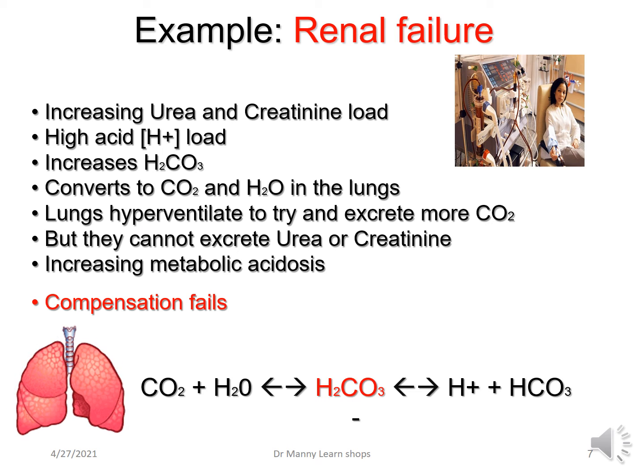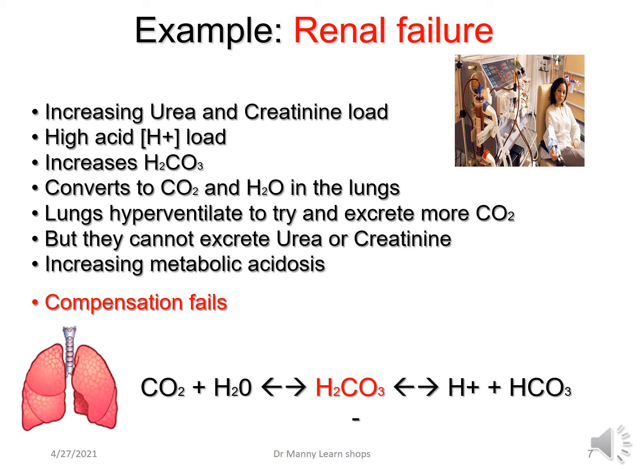Here's an example of the Henderson-Hasselbalch equation. You've got increasing urea, creatinine, uric acid, which cannot be excreted by the lungs, only by the kidneys. This contributes to a high acid load and increasing hydrogen ions.